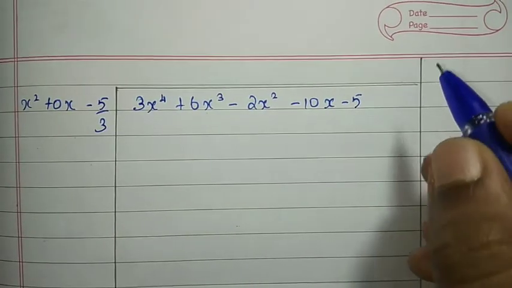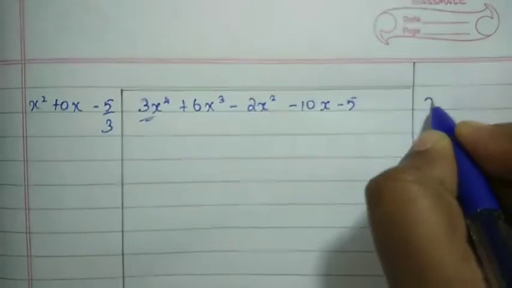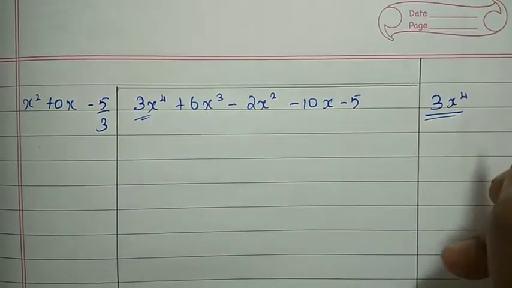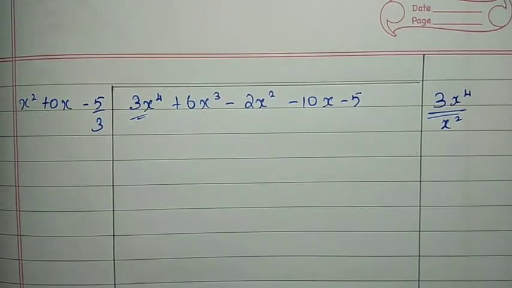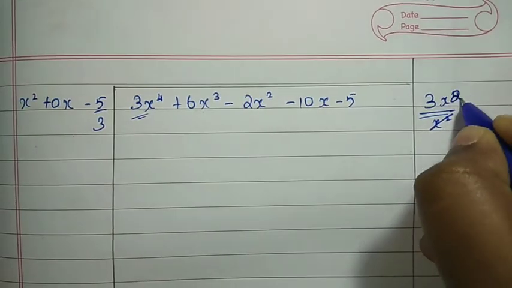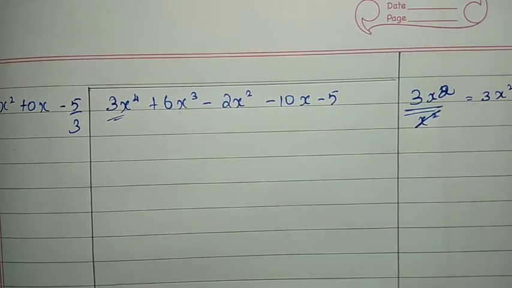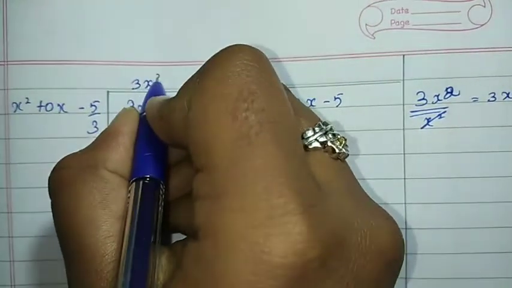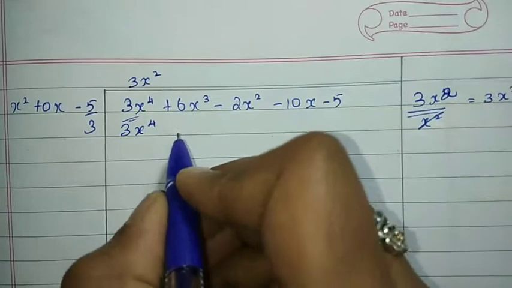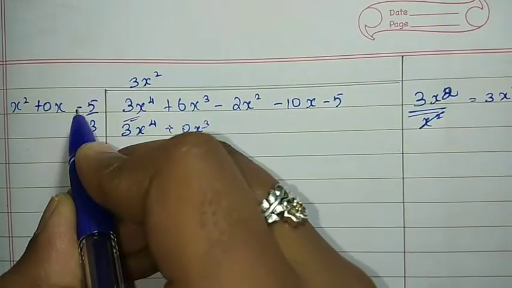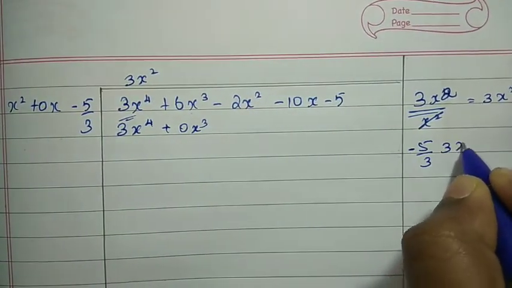Now what I will do is multiply with something. Here it is 3x⁴, and what is the first term in g of x? It is x². So I will be cancelling these two in order to find it. So I have to multiply with 3x². So 3x² into x² is 3x⁴, plus 0x³, and here 3 and 3, so it is 5/3 into 3x².